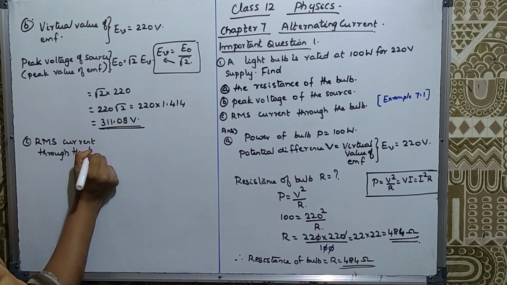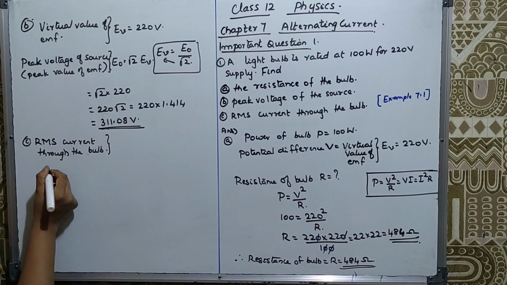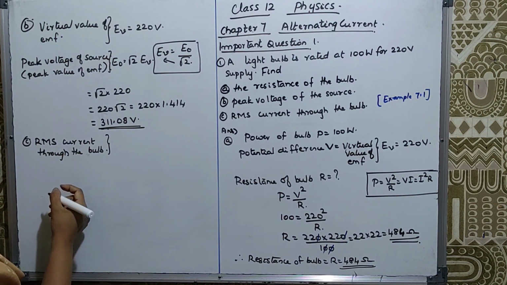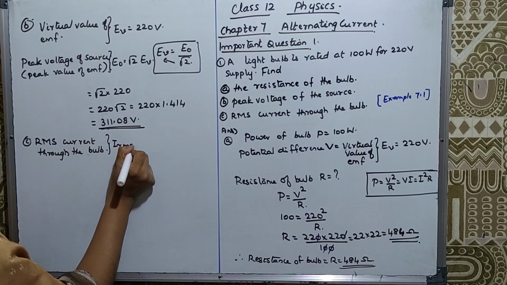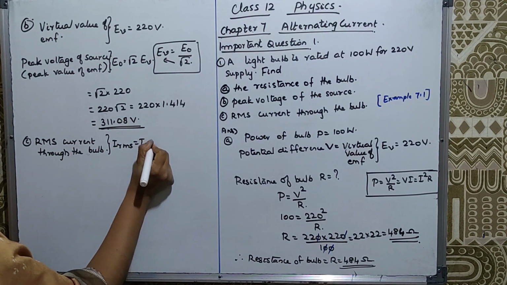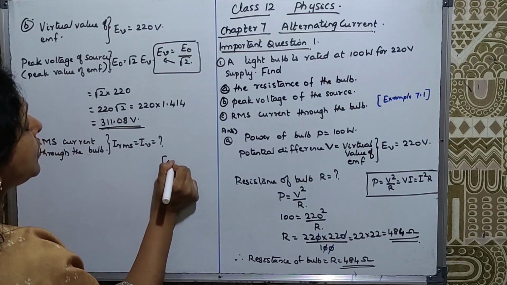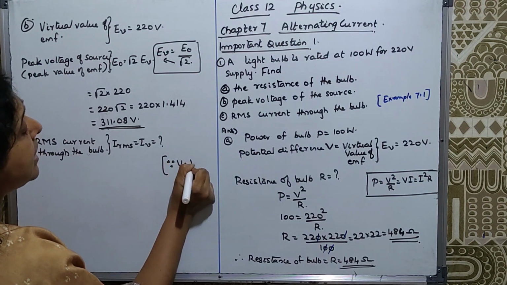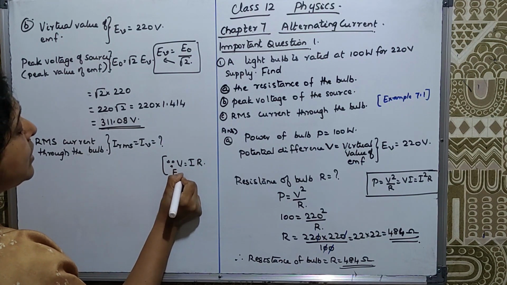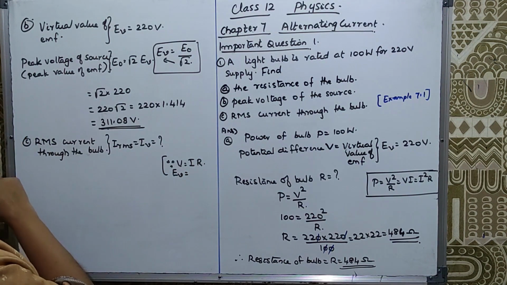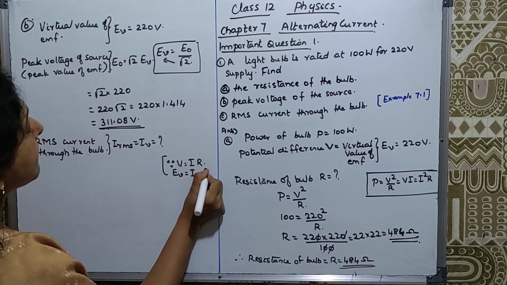So I RMS is also equal to I V. We'll apply Ohm's law. According to Ohm's law, V equal to IR. So V we will assume as E V, the same as E V only. So it will be I V into R.